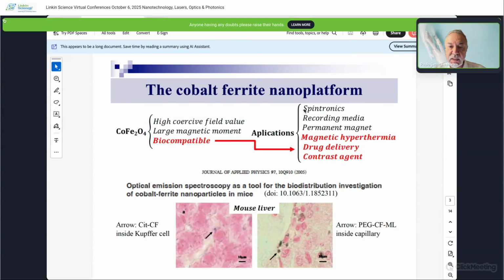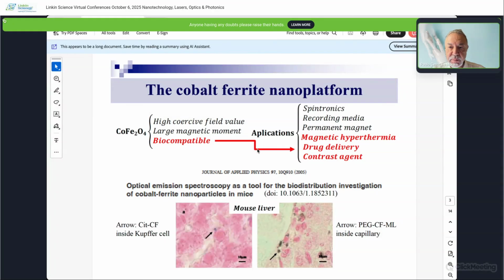The first one is spintronics, and therefore for using as recording media and also as a permanent magnet. So these three applications came from the high coercivity field and the large magnetic moment.